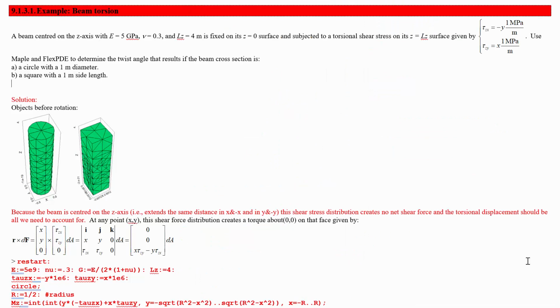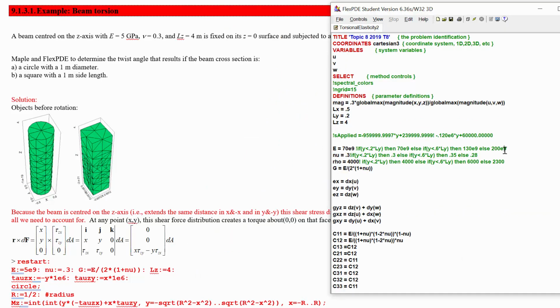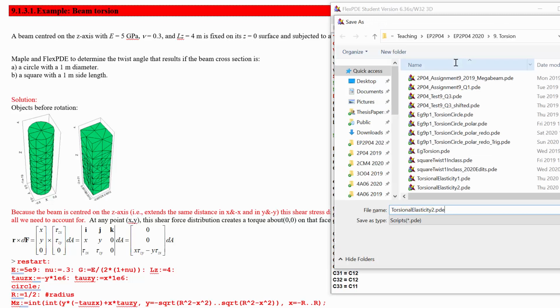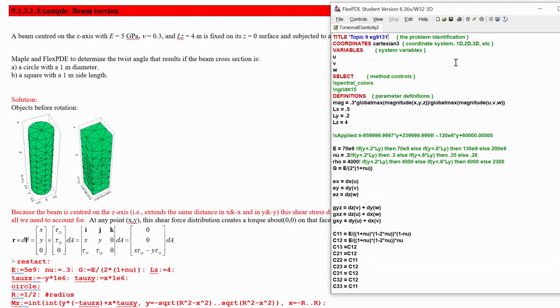So we are going to go back to the calculation here, the problem statement, problem definition up here, and we're going to say this is topic 9, maybe example e.g. 9131, and save a copy of this, torsional elasticity e.g. 9131, and then put in the dimensions.